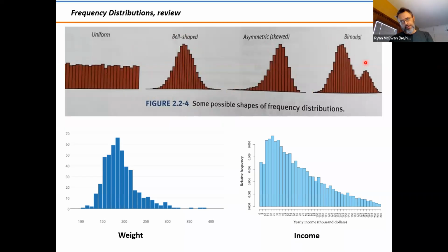Here's a bimodal distribution. And we've talked already a little bit about this is a human weight distribution, and this is income distribution, where you've got a right skew, and potentially an extreme right skew. And I do have an example that I'll show you later in class.